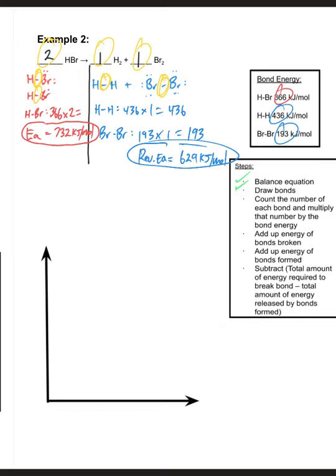Okay, so now I've done all the steps except finding delta H, and delta H is equal to the amount of energy absorbed, or the activation energy, minus the amount of energy that is released, or the reversed activation energy.